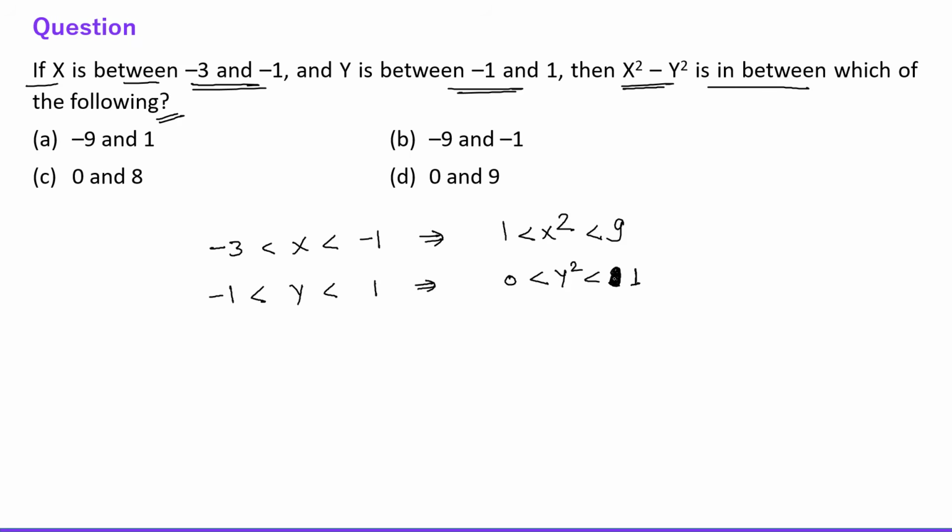Now if I talk about x square minus y square, the maximum value of this and the minimum value of this. The minimum value of x square minus y square is when we take minimum of x square and maximum of y square.